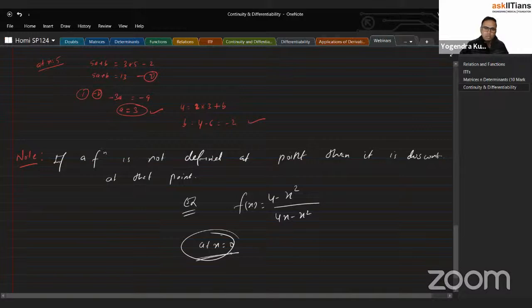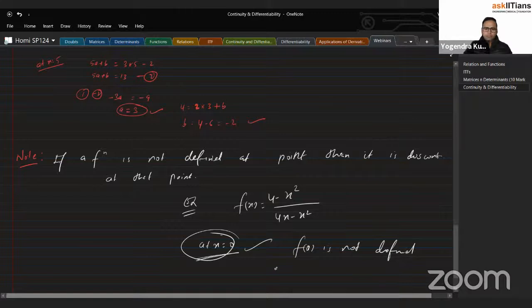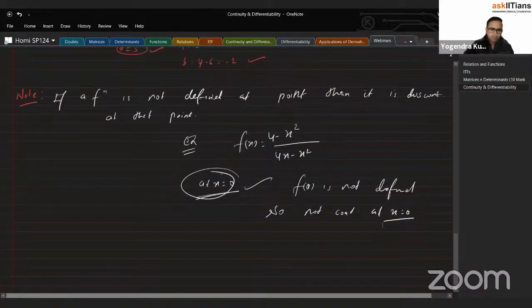So f of 0 is not defined, so it is not continuous at x equals 0. Like that, we can say it is discontinuous at that point. Minus 2 also you can take.